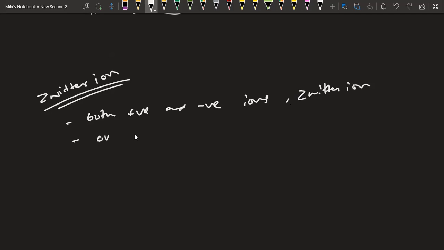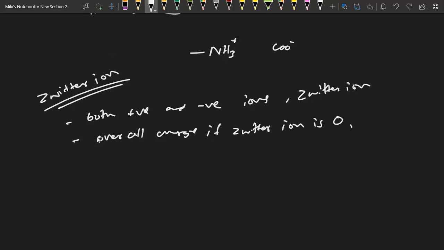If we have plus 1 and minus 1, for example, the amine NH2 will gain a hydrogen and become NH3 plus, and the carboxylic acid will lose a hydrogen and form COO minus. A plus charge and a minus charge will cancel each other and form a neutral charge. That's why the overall charge of a zwitterion is 0.